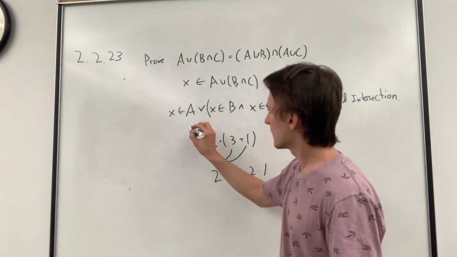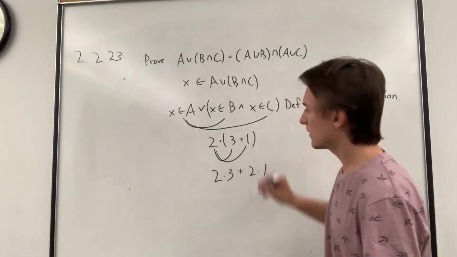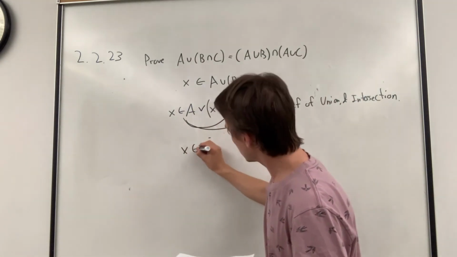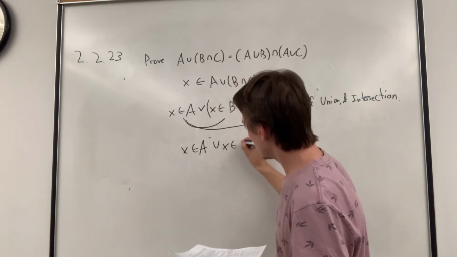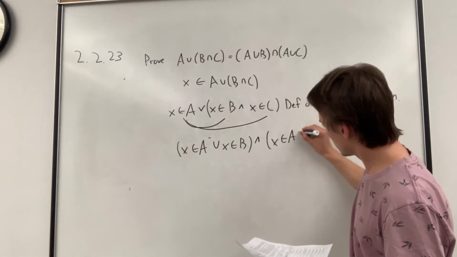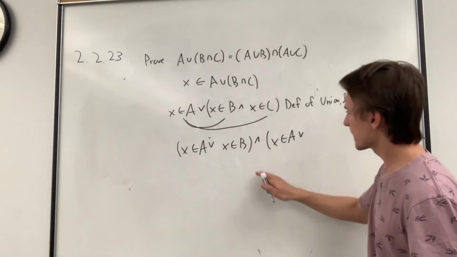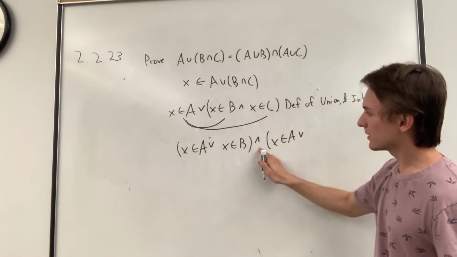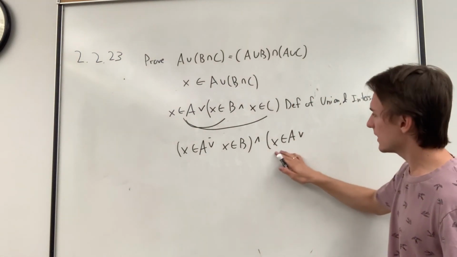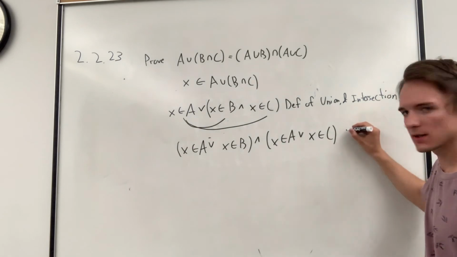We OR x in A on x in B, and OR x in A on x in C. That would look like this: x in A or x in B, and x in A or x in C. This AND is brought down here, this OR is brought down here, and again we have the same OR operator over here, x in A or x in C. And now that's the distributive law as it relates to set theory.